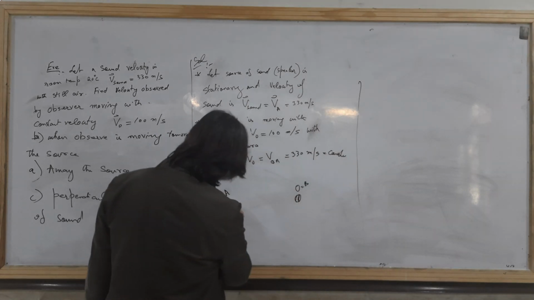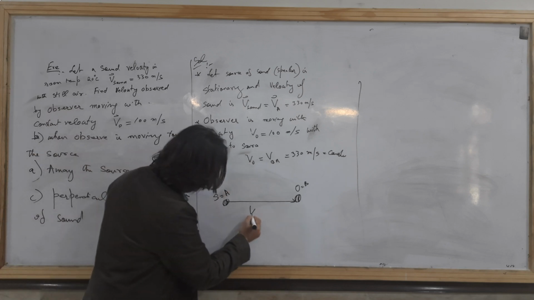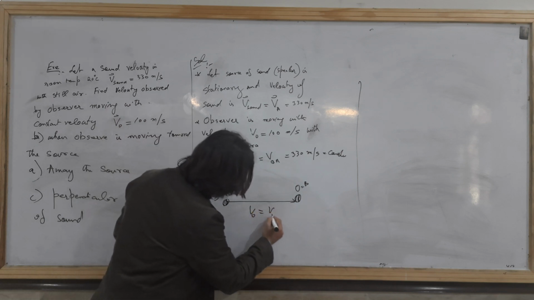Observer velocity with respect to A is VBA, yes.